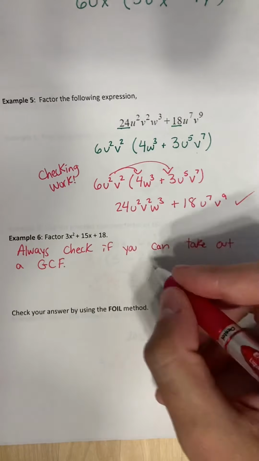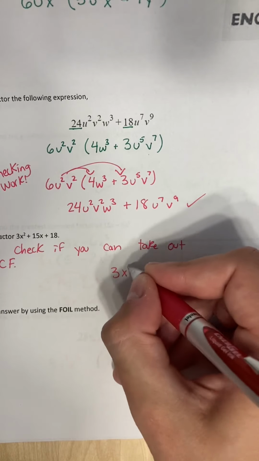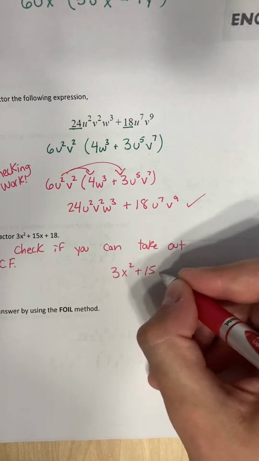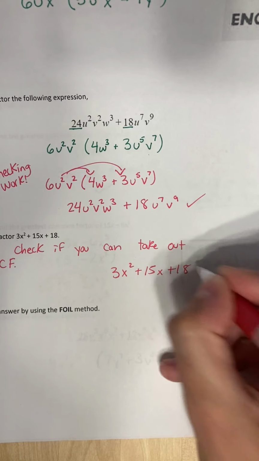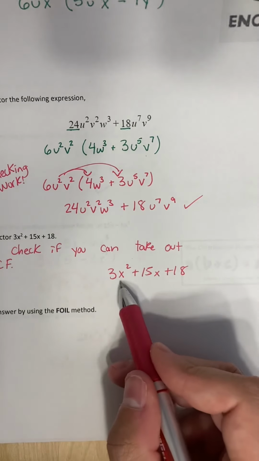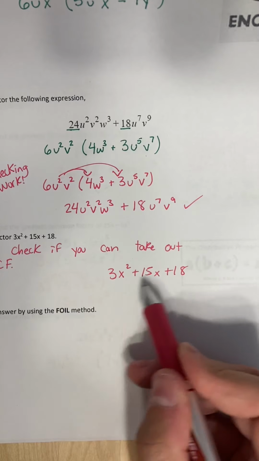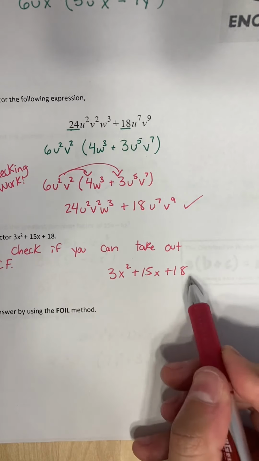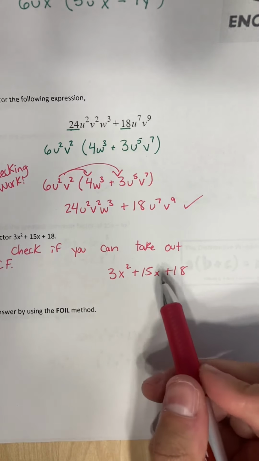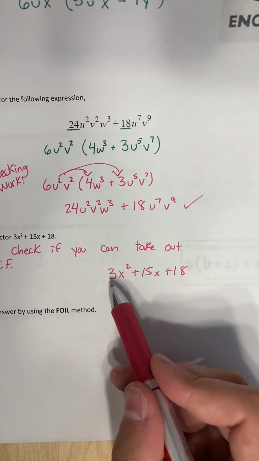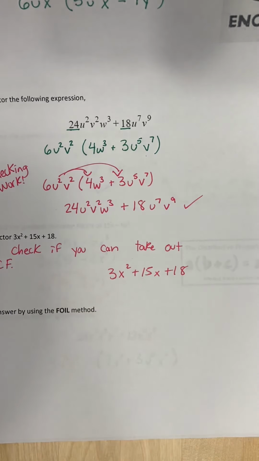So we've got 3x squared plus 15x plus 18. Now, I can't take out an x because not all of the terms have an x. But I can take out a 3 because each of these terms is divisible by 3.